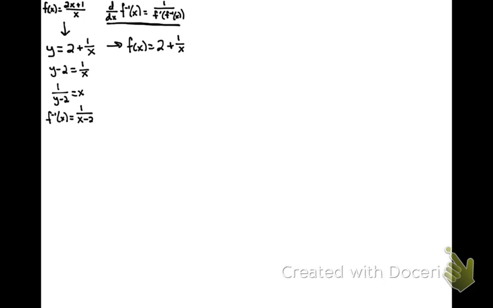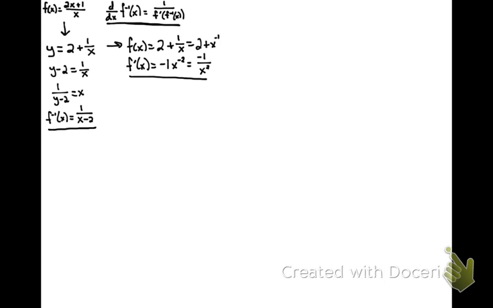The derivative of this function is 0 plus, I'm going to think of this as 2 plus x to the negative 1 power, so its derivative would be negative 1 times x to the negative 2, or negative 1 over x squared. So then, I've got an expression for the derivative and an expression for the inverse.